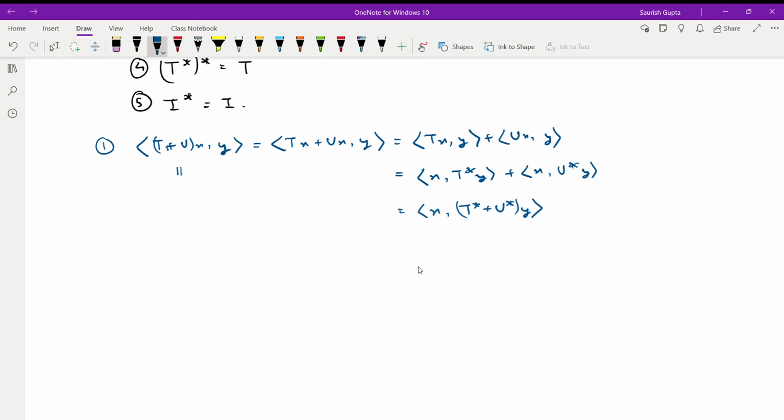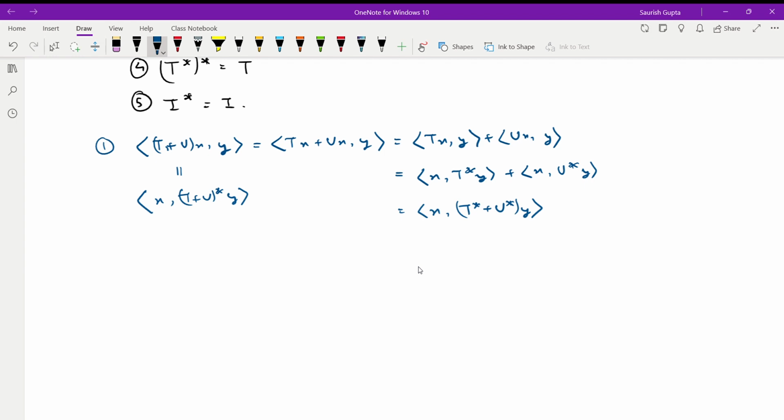But we can proceed in this way as well. I can talk about (T plus U)x, y as (x, (T plus U) star y), ensuring that it has an adjoint. If T plus U has an adjoint, then it will surely be of this form.